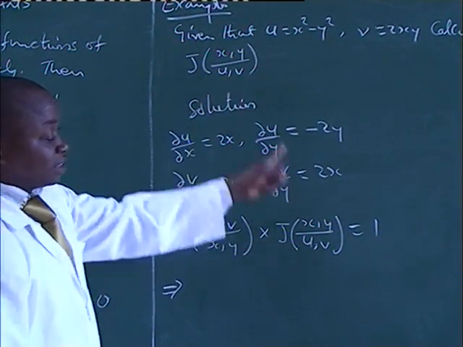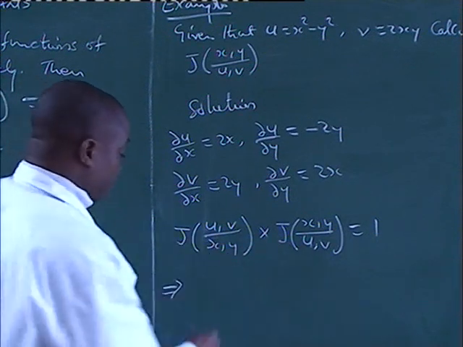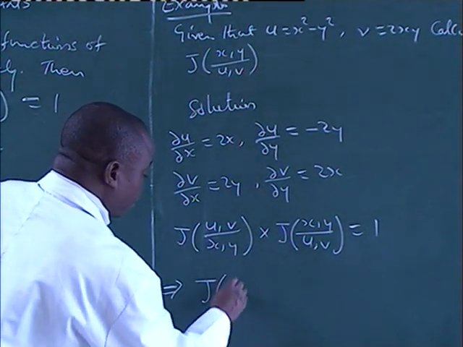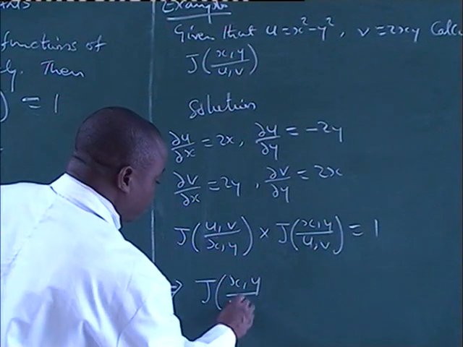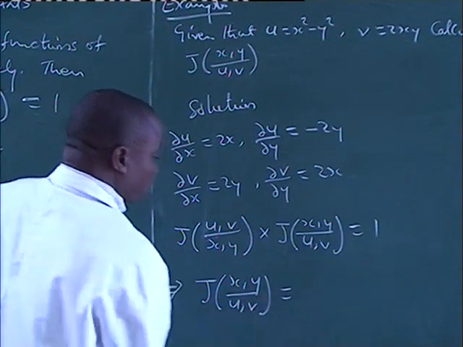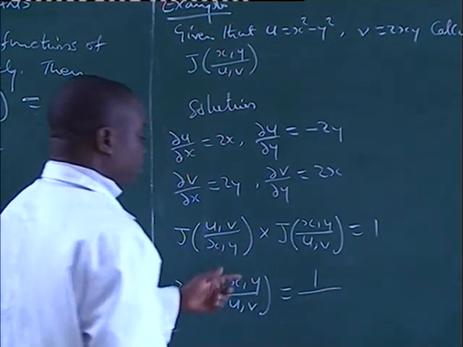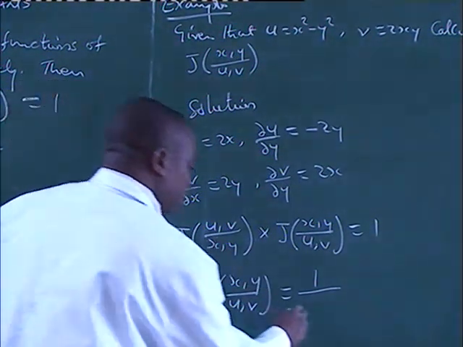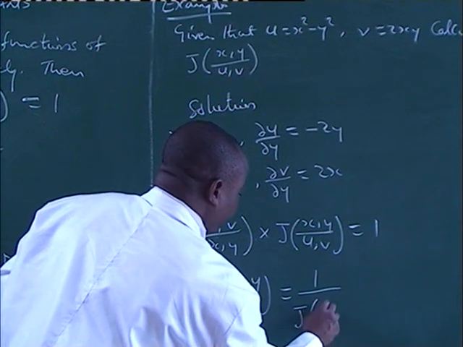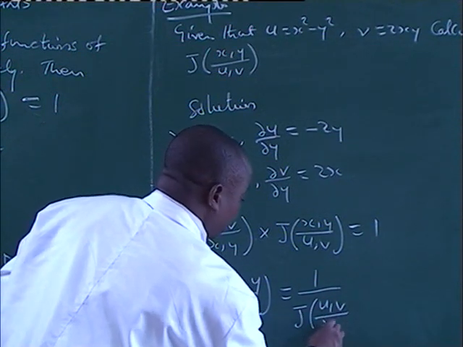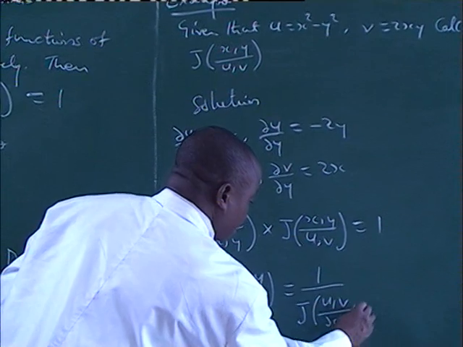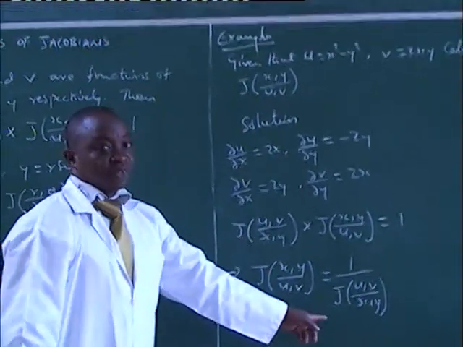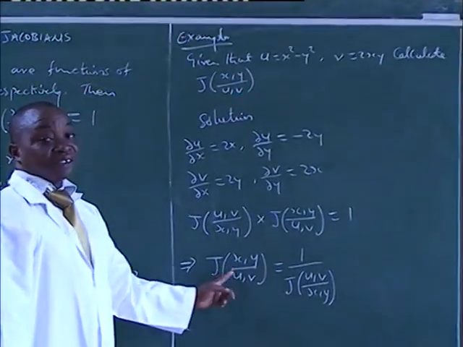This is what the question says. So, which implies that the Jacobian of x and y over u and v will be equal to 1 all over, we are dividing it, look at the multiplication sign, so we are dividing it by the Jacobian of u and v with respect to x and y. Okay, so that is what will give us the result of this.